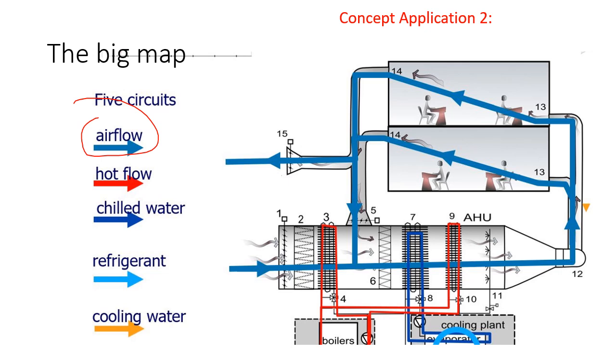Remember, in summer the supply air goes in at a lower temperature, absorbs heat here, raises the room temperature and leaves. Similarly in another room, it goes in at a lower temperature, absorbs heat, raises the room temperature to a comfortable temperature, and then leaves. Also, the supply air has a lower humidity content, so it can absorb human moisture and carry it away. So this is the summer scenario.